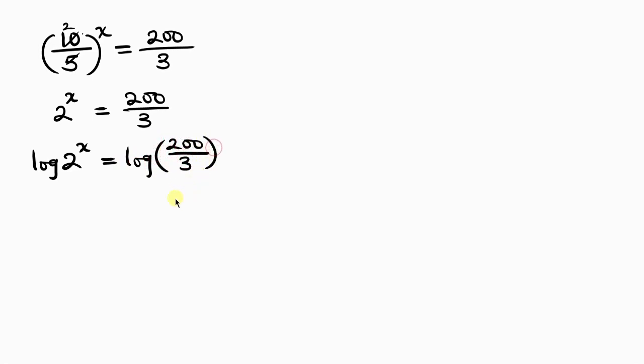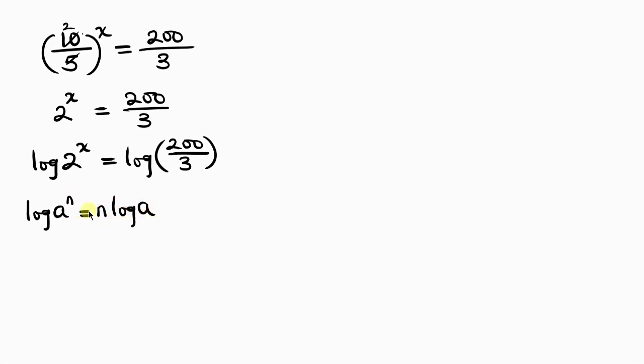Good. Now our next step will be for us to apply the law of logarithm. I'm going to be applying one here and I'll apply the other one here. So for this, I know that the law of logarithm says when I have log of a to the n, this is equal to n times log of a.